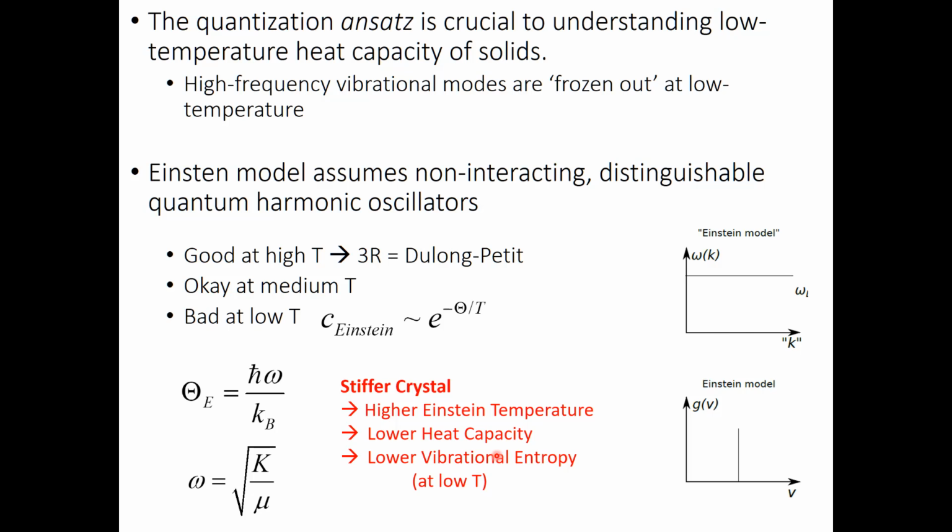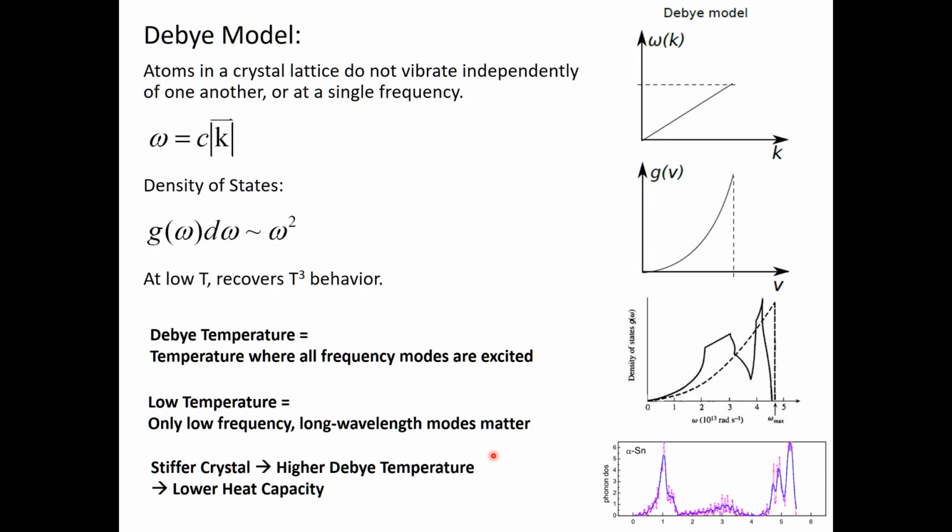And so diamond cannot store very much energy, has a very low heat capacity. The Debye model is a modification of the Einstein model. Now atoms are not vibrating independently on a lattice. They now vibrate proportional to their k vector and the speed of sound, right? And so we derived this density of states, which had this omega squared kind of relationship. So this was the density of states for the Debye model.